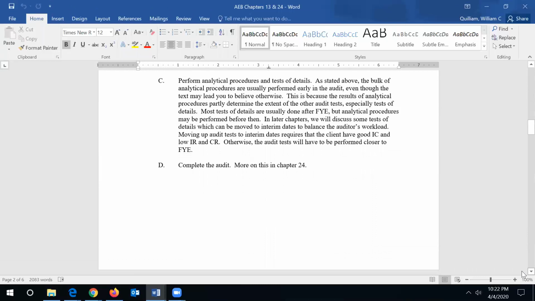In fact, as we go through later chapters, some in this course, but definitely in the graduate level auditing course, we see some tests which can be moved up to an interim date, such as if we have a client with a 12/31 fiscal year end, we're really getting into busy season. If we could move some of those tests up to some earlier date, such as 10/31, 2 months earlier, we are in a less busy time there.